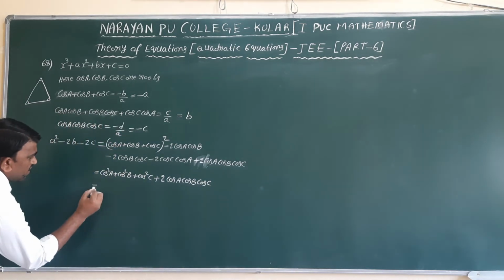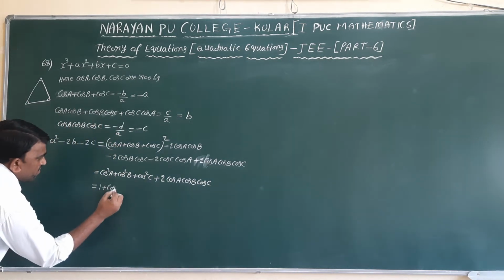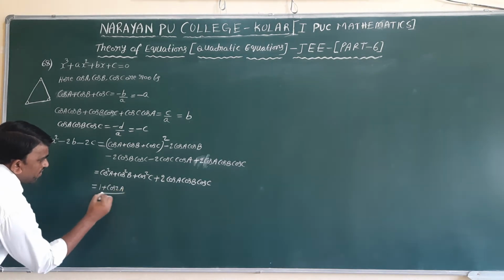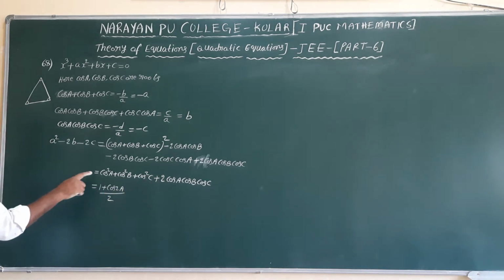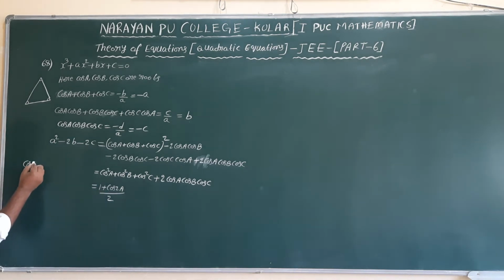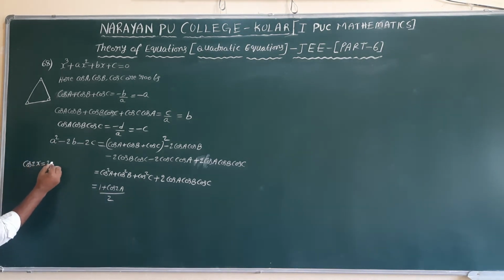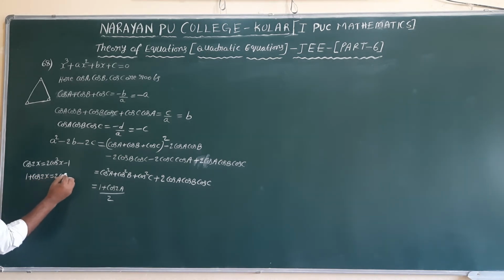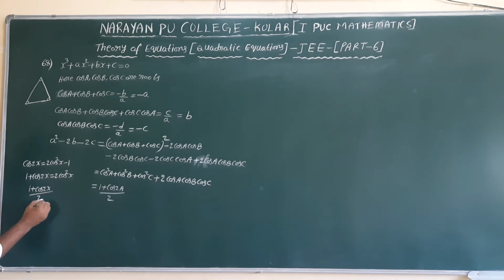So cos square a we can write as 1 plus cos 2a by 2. Generally the cos 2x formula is 2 cos square x minus 1. From this, 1 plus cos 2x equal to 2 cos square x. 2 will be sent to the left side: 1 plus cos 2x by 2 equal to cos square x.